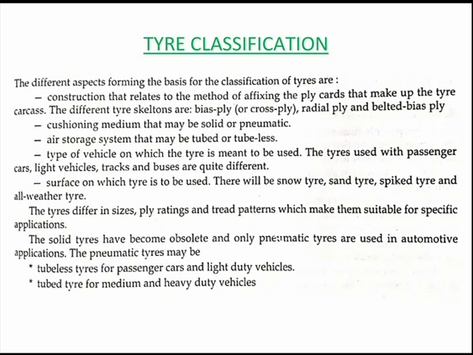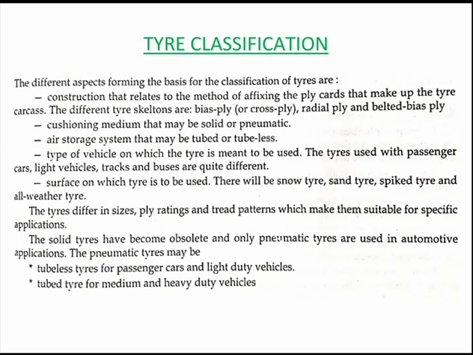Now the tires have different sizes, ply ratings, and tread patterns, which we use for specific applications. According to the ply ratings, we can subdivide them. The solid tires have become obsolete, and pneumatic tires are more broadly used for automobile applications.